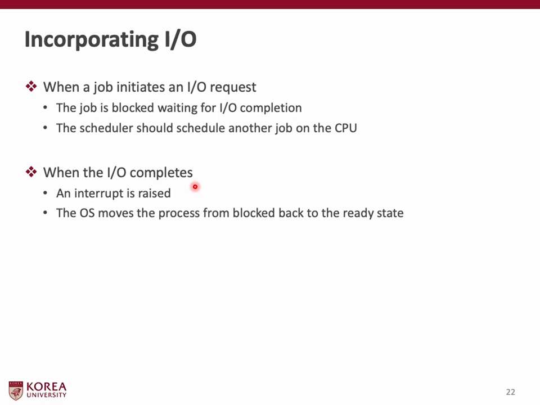Then the operating system handles it and moves the job back to the ready state. And at that point, the scheduler may choose to run it again, possibly preempting the current job. Thus, this event-driven behavior allows the system to overlap I/O and CPU use efficiently, keeping performance high and the system responsive.